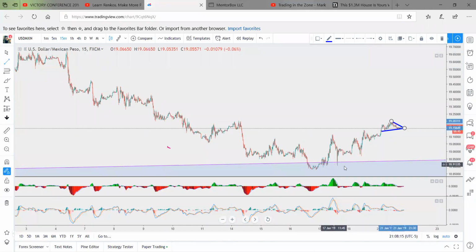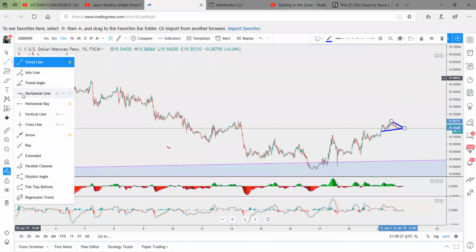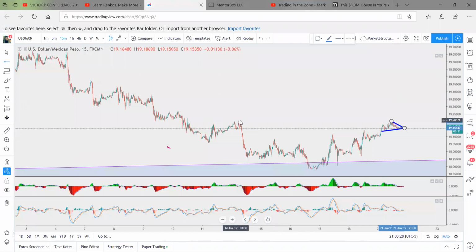But if you see that, we had our impulse, flag, continuation, correction, continuation, correction, continuation, correction. So now we will look for our continuation. It's getting ready to break off here.